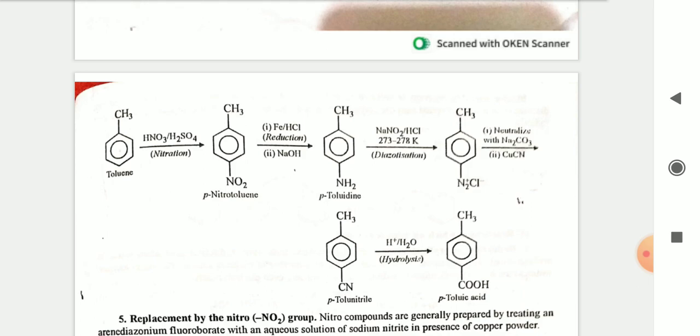In the presence of NaNO2, HCl at 0 to 5 degrees Celsius, it will give the diazonium chloride. Neutralized with Na2CO3 and CuCN, it will give p-toluene nitrile. With hydrolysis, it will give p-toluic acid.